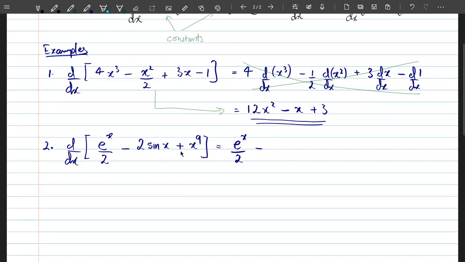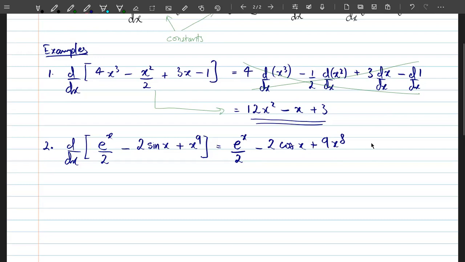What is the derivative of sin x? So I write this minus 2 immediately because I know that's going to be there, and then just differentiate sin x to get cos x. Then here you have just plus x to the 9, so that becomes plus 9x to the 8. That 9 comes from the differentiation of x to the 9. So n x to the n minus 1 when you differentiate x power n.